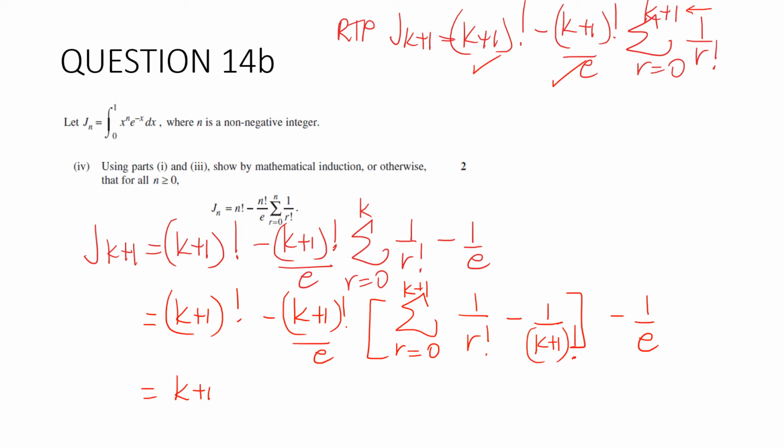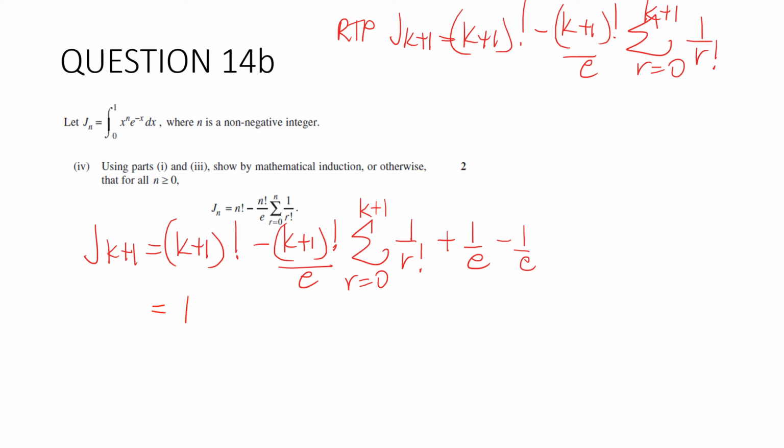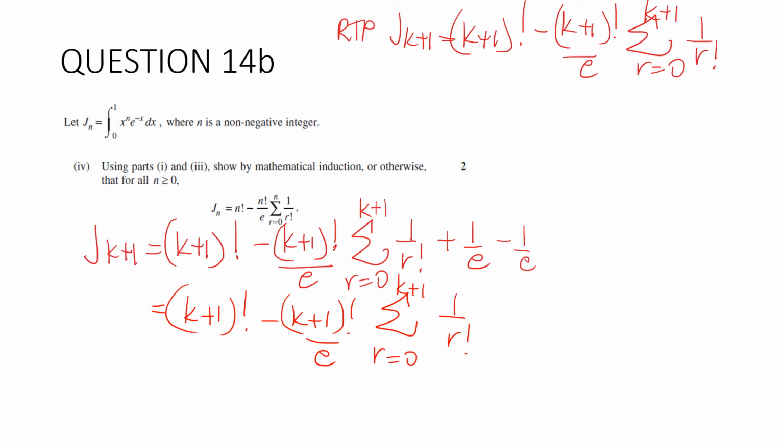So expanding that out, we're going to get this, take away (k+1)!/e, sum from r=0 to k+1 of 1/r!, plus (k+1)!/e times 1/(k+1)!, take away 1/e, which gives us 1/e, take away 1/e, which of course is equal to (k+1)! minus (k+1)!/e, sum from r=0 to k+1 of 1/r!, as required.